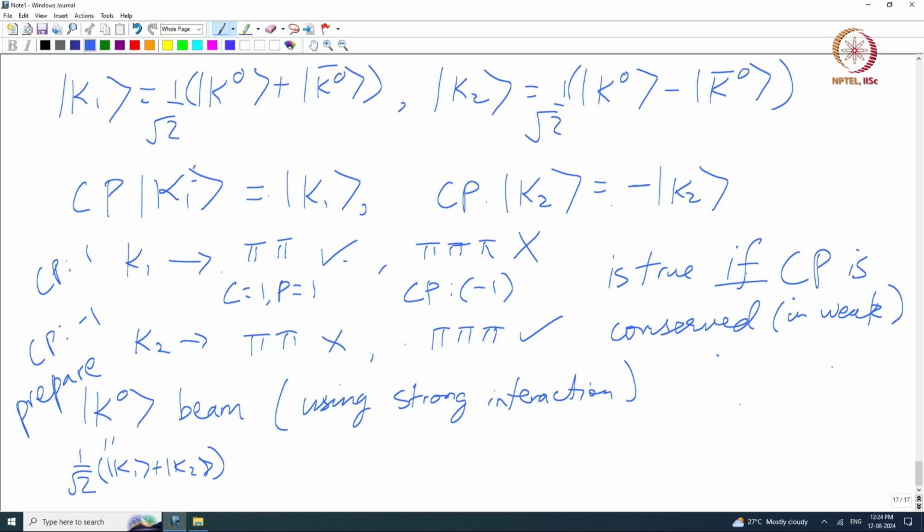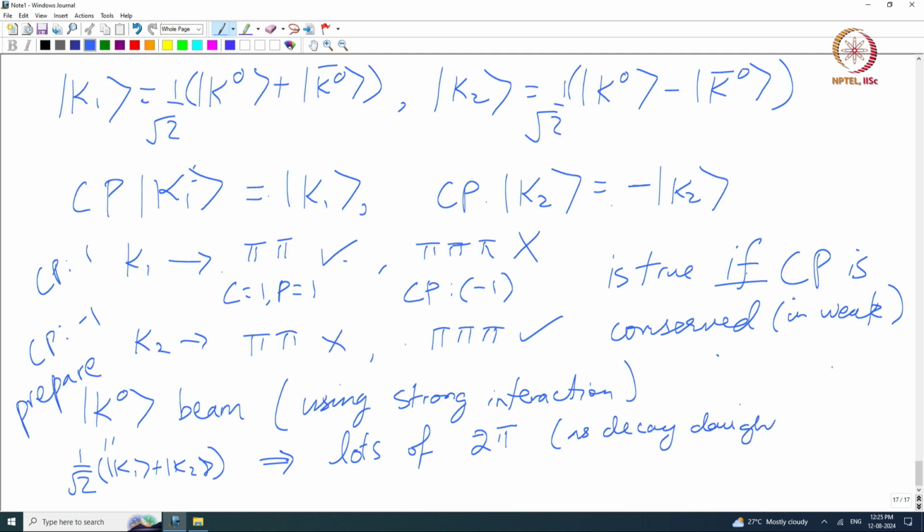Then you want to see what happens to the K0. What you would expect is that you will have lots of 2 pi emitted from the beam, or let me write as decay daughters.